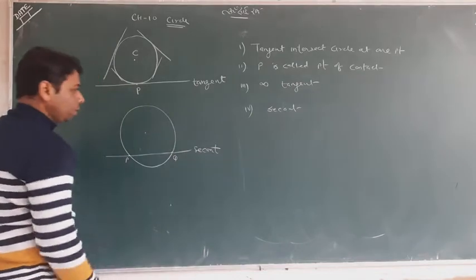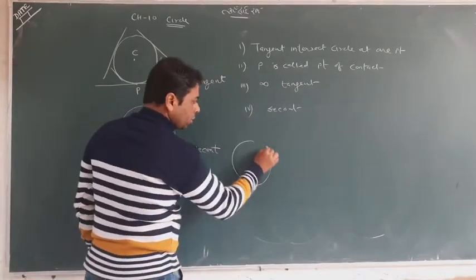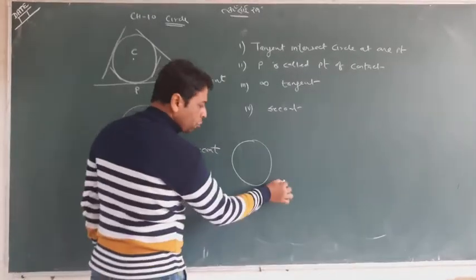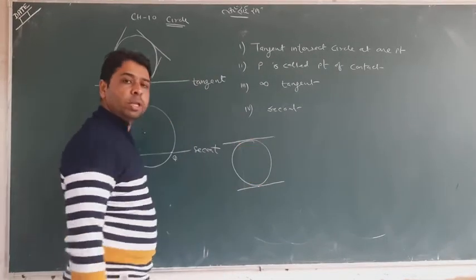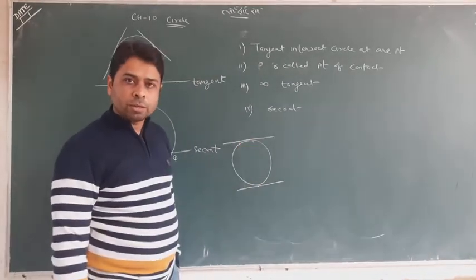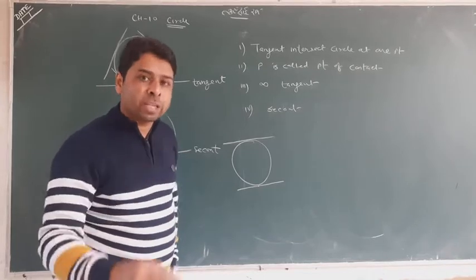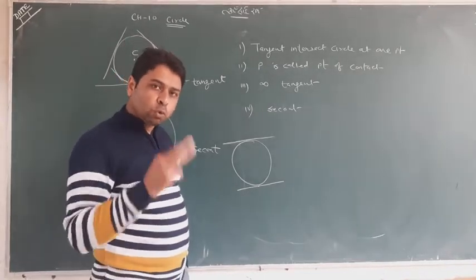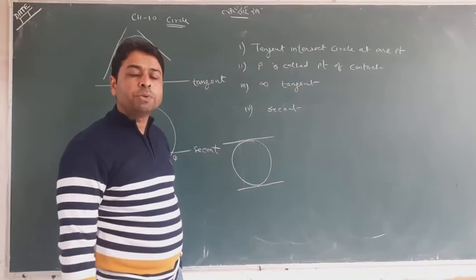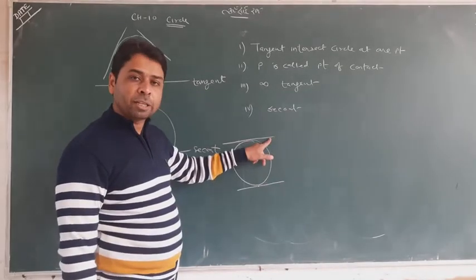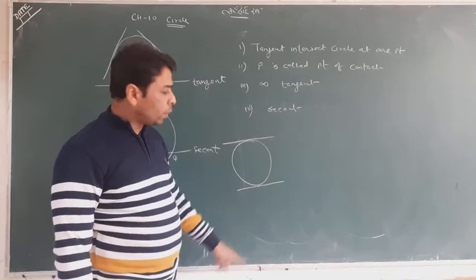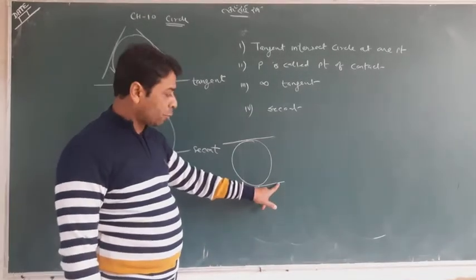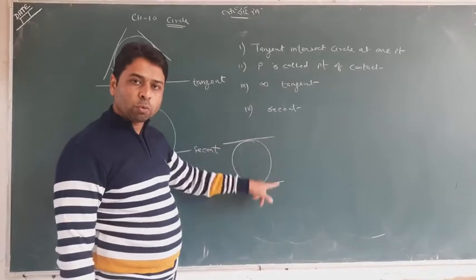One more thing, at the most, at a time, you can draw two parallel tangents only on the circle. Meaning lots of pairs, but only two tangents at a time which are parallel. This and this are parallel tangents. But more than this you cannot draw. Can you draw one more tangent which is parallel to this? No. Only two you can draw.